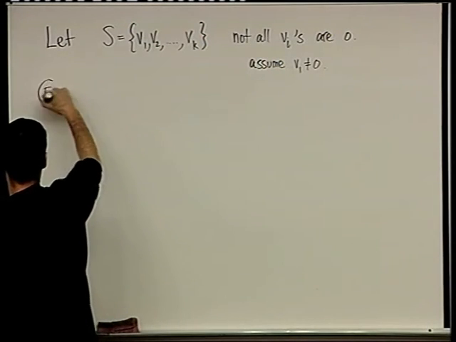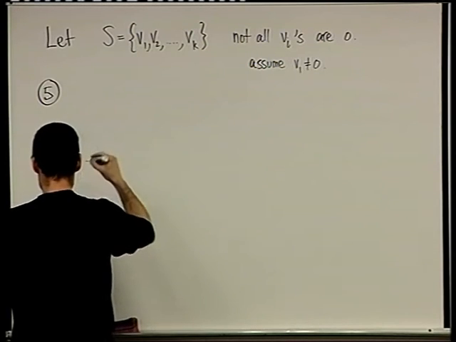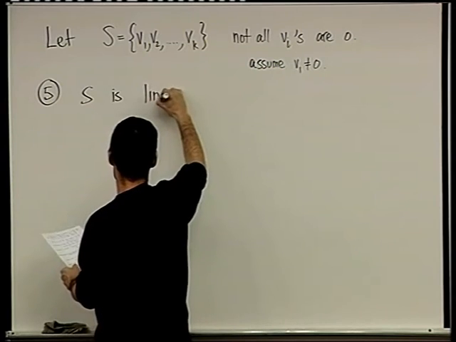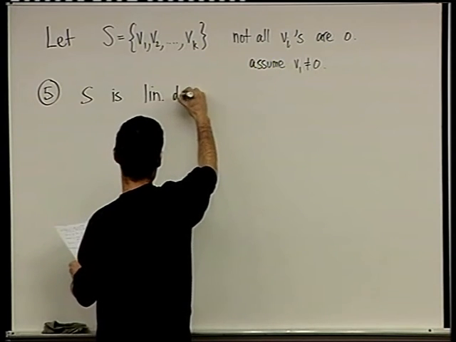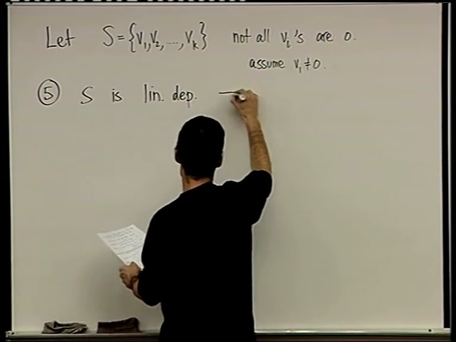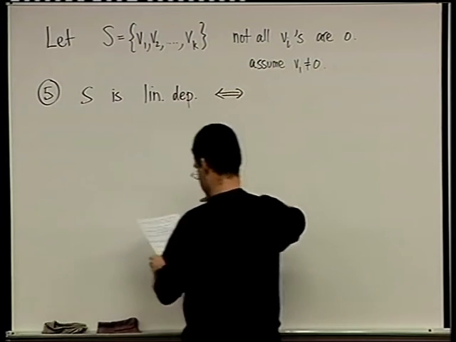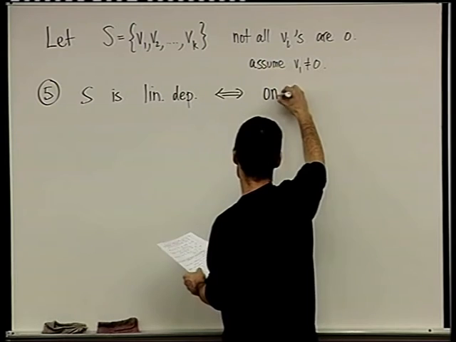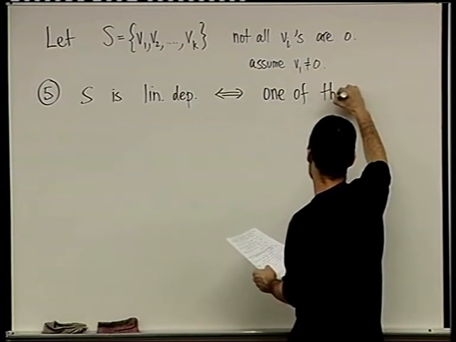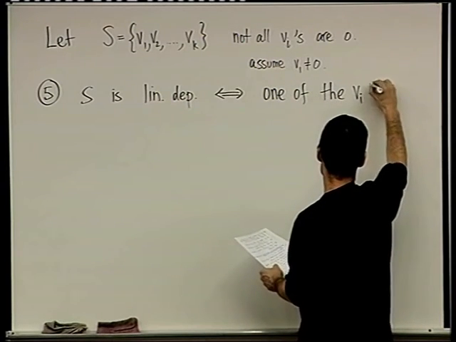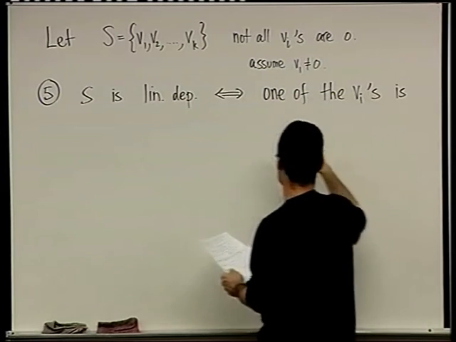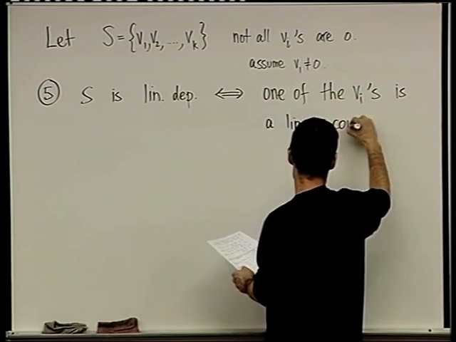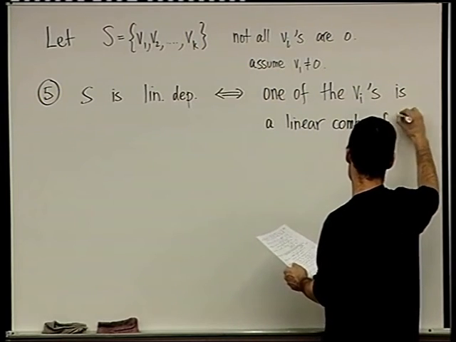So number 5 is going to be: S, this set of vectors, is linearly dependent if and only if one of the Vi's is a linear combination of the others.